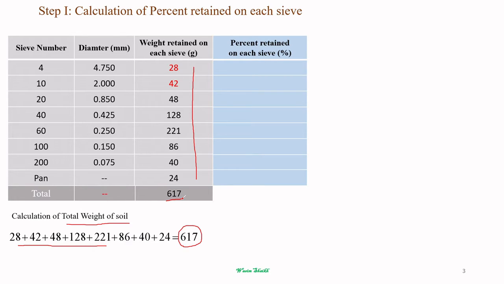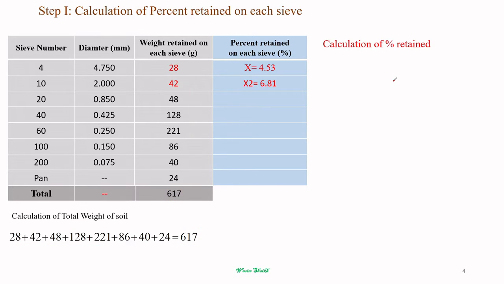Next, we'll add another column, percentage retained. What does this column represent? If 617 is 100% of the soil, then how much is 28 gram? We can do that by simple cross multiplication. For example, for sieve number 4, the first sieve, we assume 617 is 100%, so 28 gram equals x.